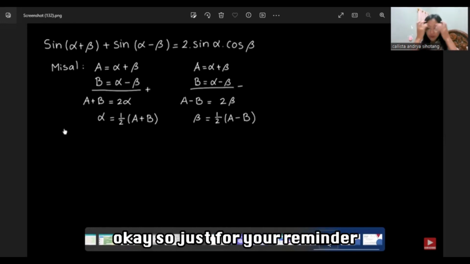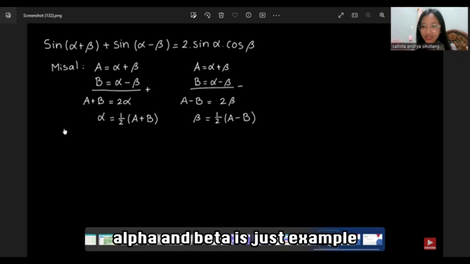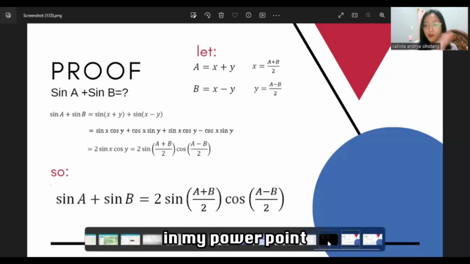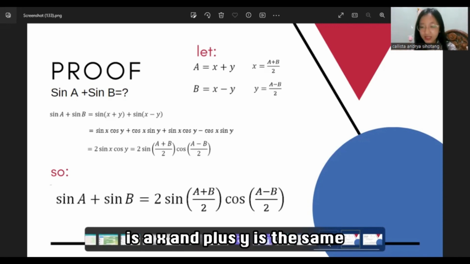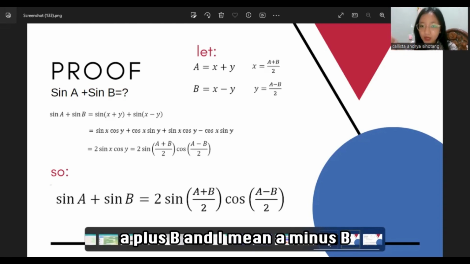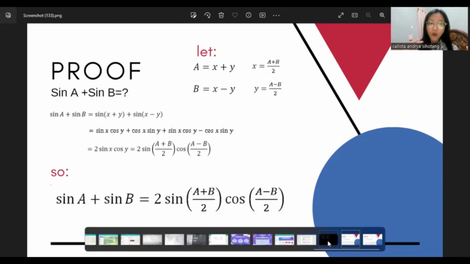Just as a reminder, alpha and beta are just examples. In my PowerPoint, I wrote it as a plus b, but it's x and y. It's the same.